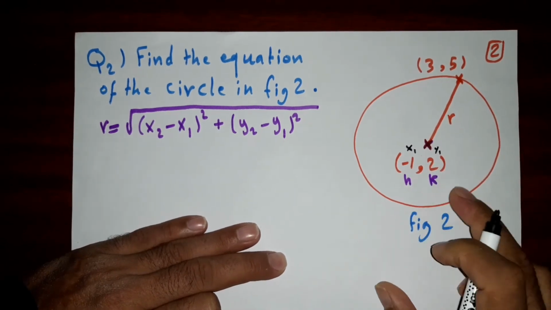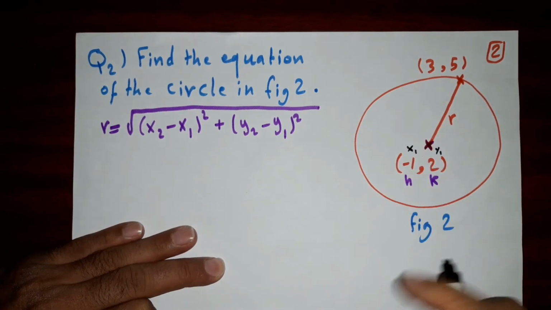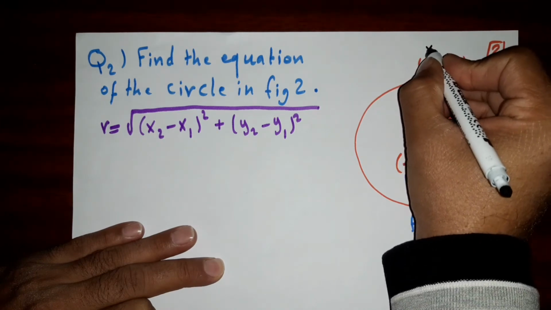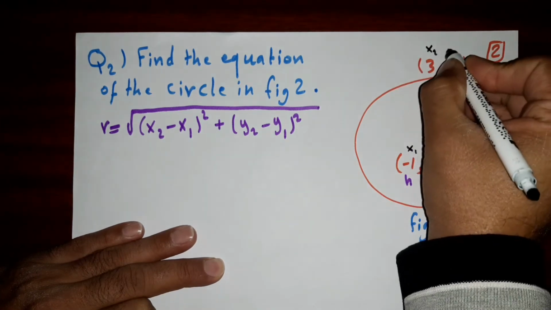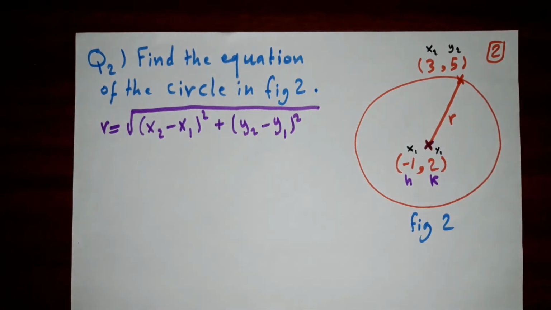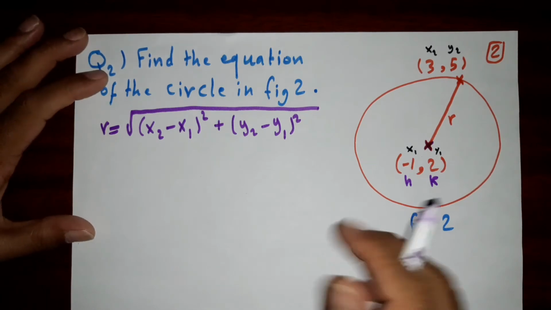The first point gives us x1 and y1, and the second point gives us x2 and y2, and we substitute these points.